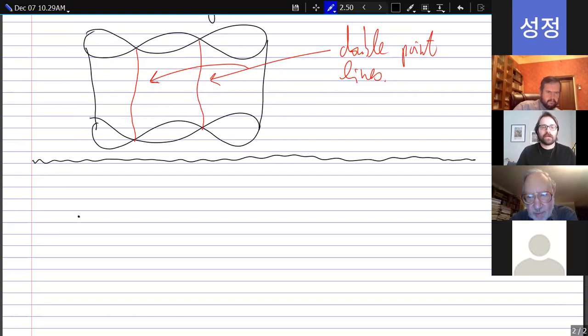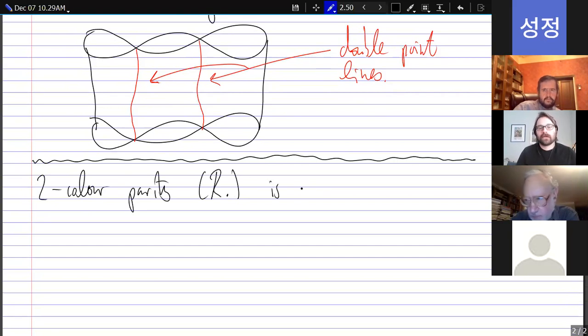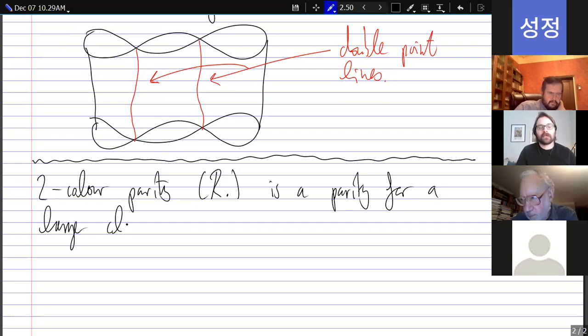And so the two-color parity by this guy R. Dot is an extension, or rather it is a parity for a large class of virtual links.